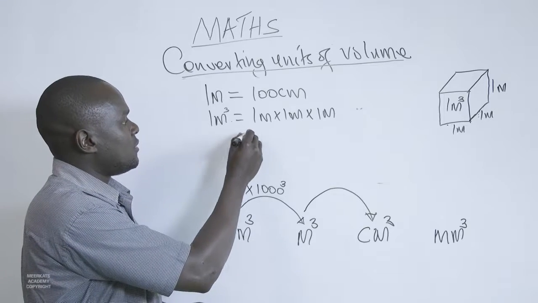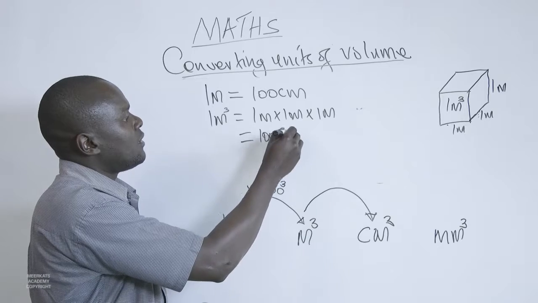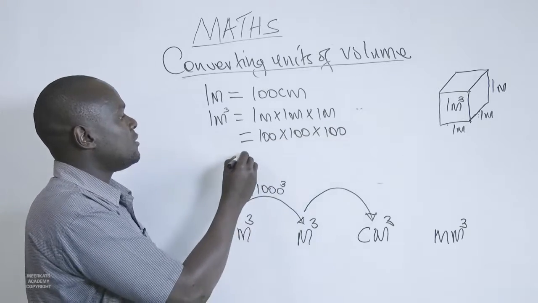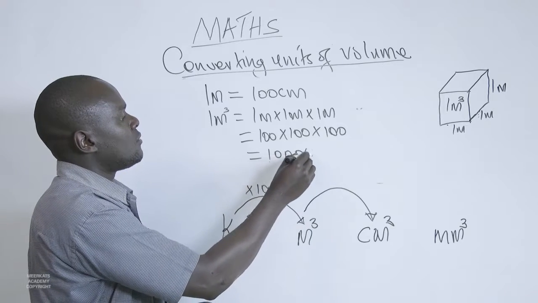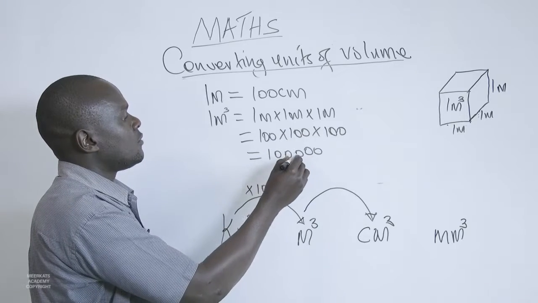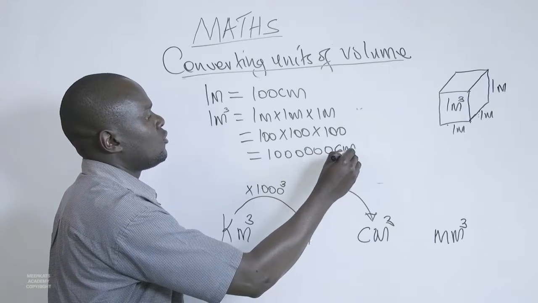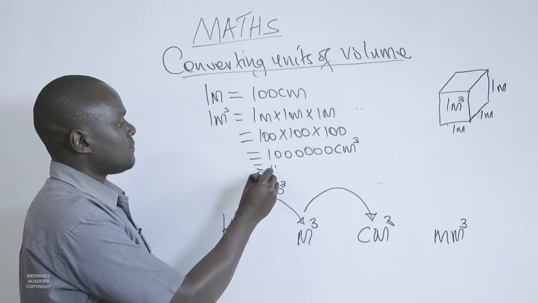This will be the same as 100 centimeters multiplied by 100 centimeters multiplied by 100 centimeters, which is equivalent to 1 million cubic centimeters.